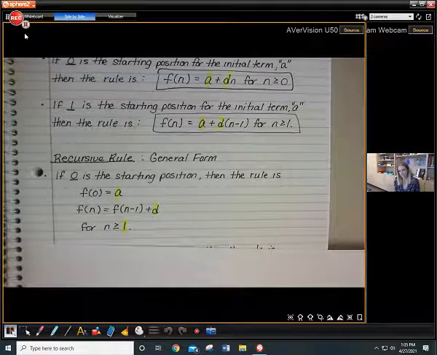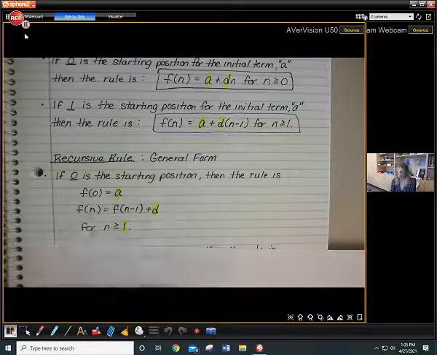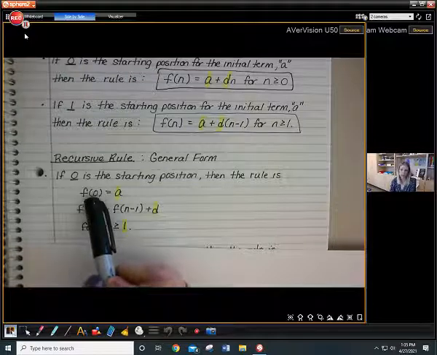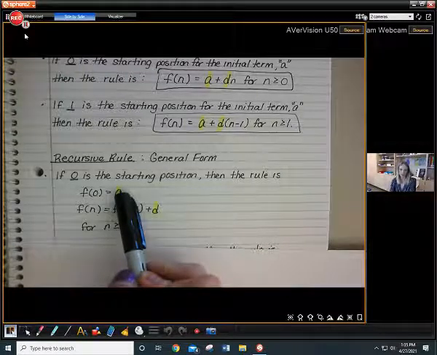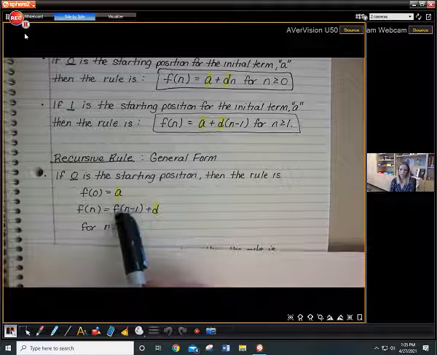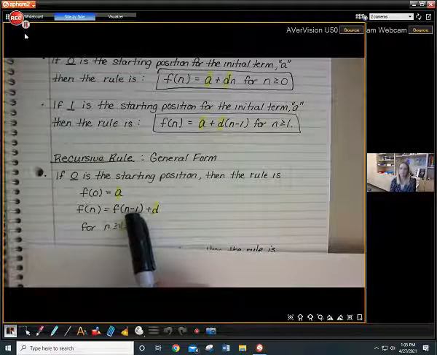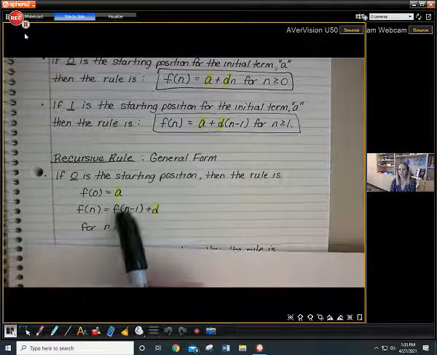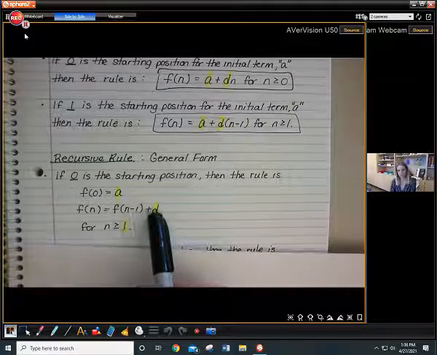All right. And then how you would read this is telling the person, hey, this is the first spot, and in the first spot there is this number. And then f of n minus 1, if I wanted to read that to you in words, that means we'll take the previous number and add the common difference.